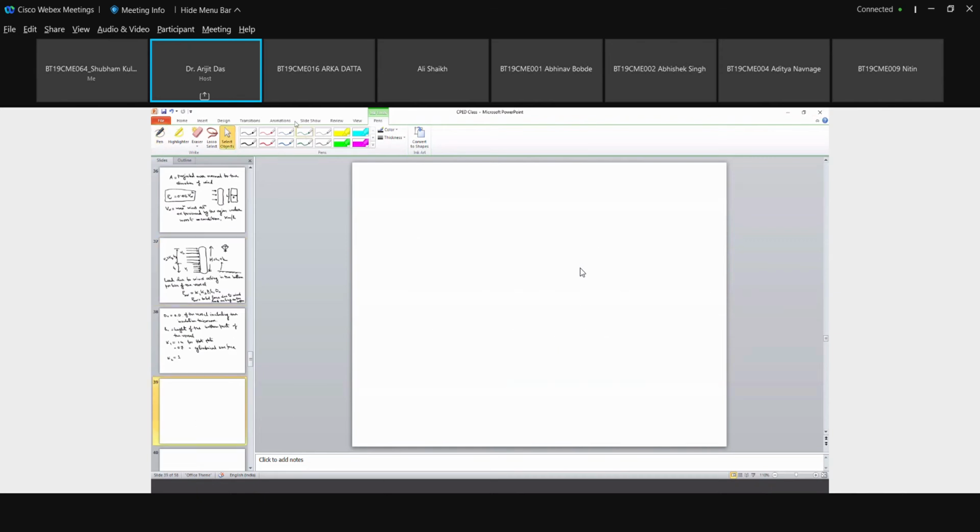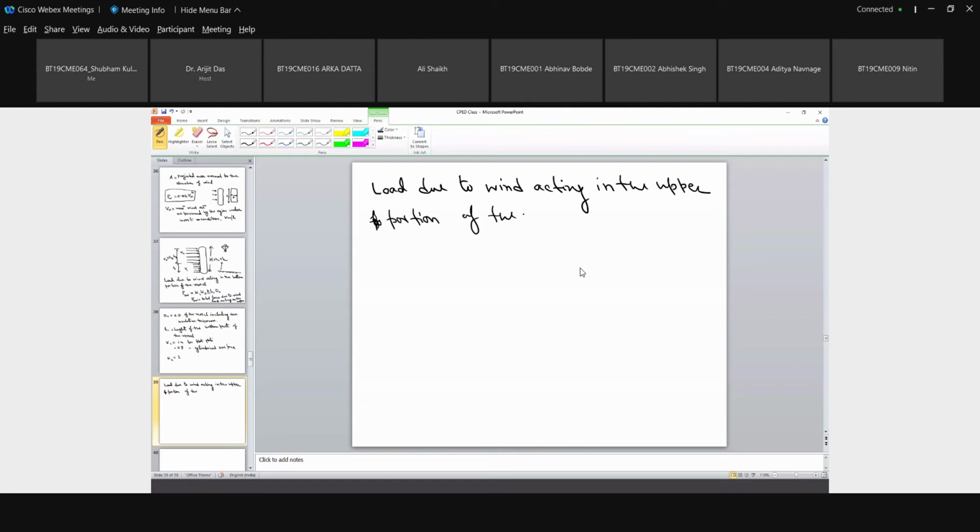Now similarly, we can find the load due to wind acting on the upper portion of the vessel, that is H2.